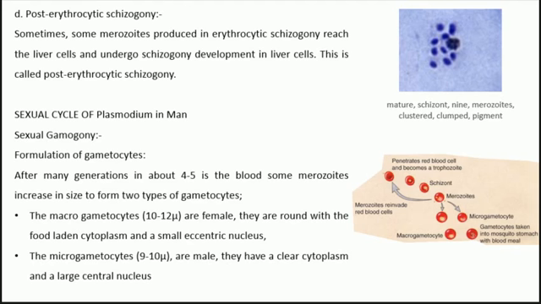At the end, gamete formation takes place, and during the blood meal, these gametes from the infected person enter the mosquito stomach. Okay, so from there onwards we will have another stage, that is the sexual stage. The asexual stage is over, and now the sexual stage.